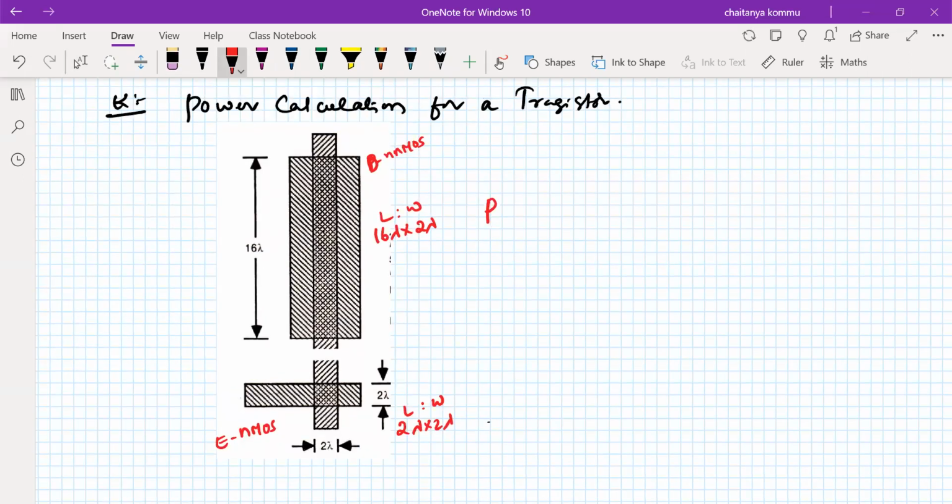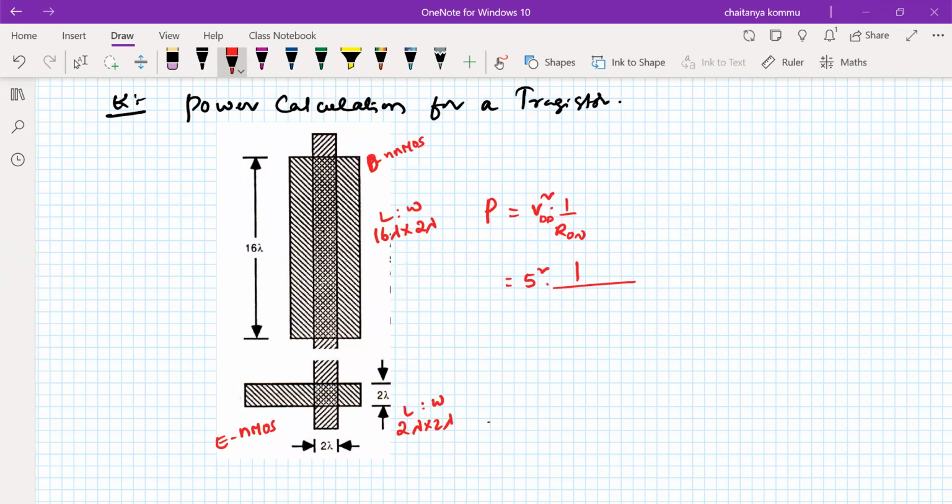So simply, let us consider this one. What is the power dissipation for this piece of layout? V square into 1 by R on, VDD square into 1 by R on. It's 5 volts, 5 square into, what is R on?